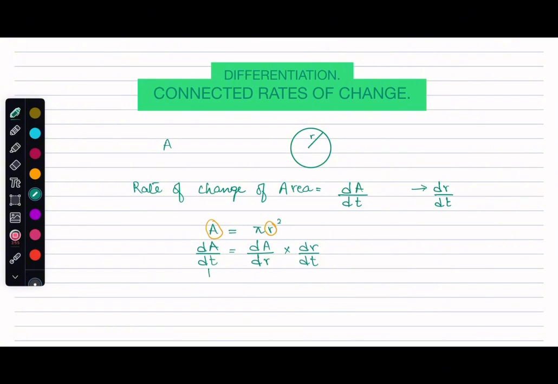So in other words, I can say that this is the rate of change of area. Here I have the change of area with respect to radius, which then is followed by the rate of change of the radius.